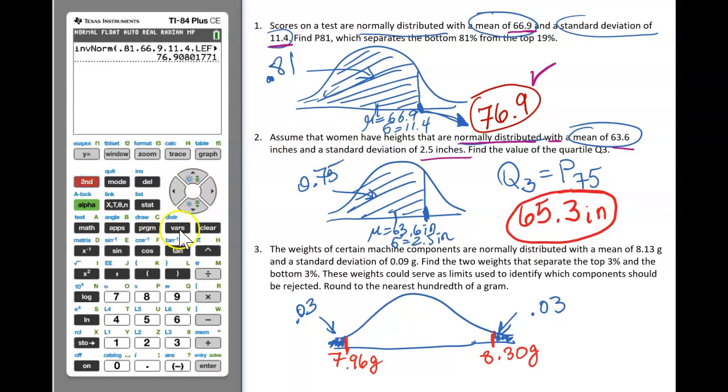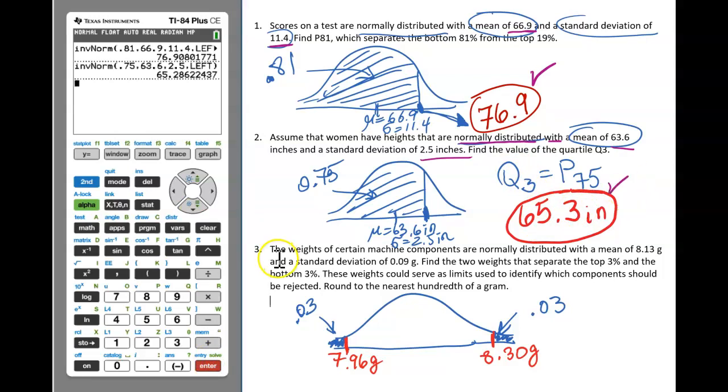Go to second, vars, InvNorm, enter the area, 0.75, adjust the mean, 63.6, standard deviation, 2.5. Tail is also on the left because the percentile is the mark that separates the low 75% from the high 25%. Go down to paste, enter again. Quartile 3 is 65.3, so this answer also checks.